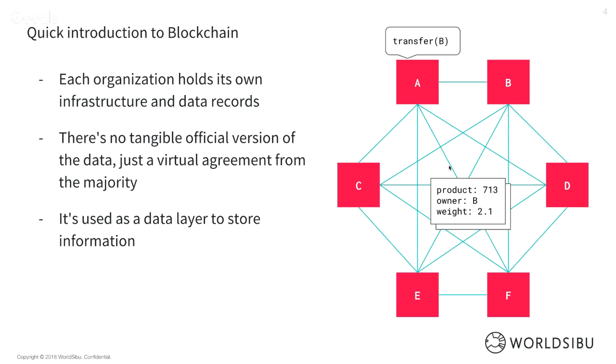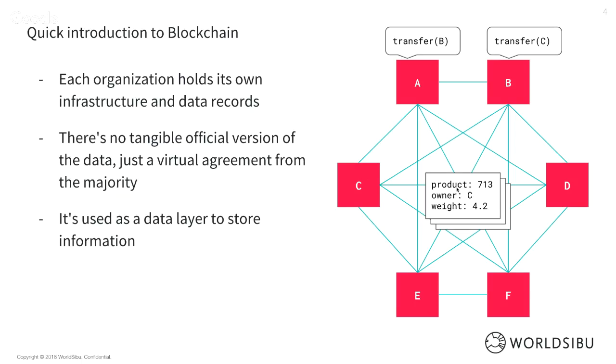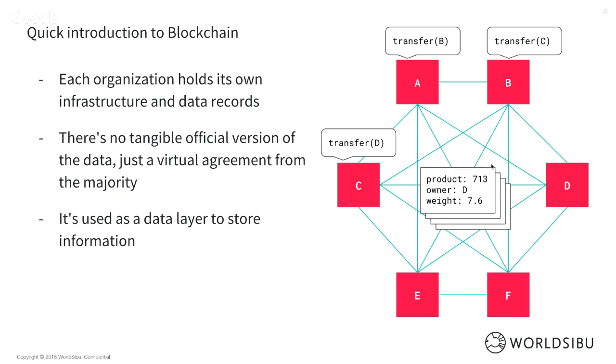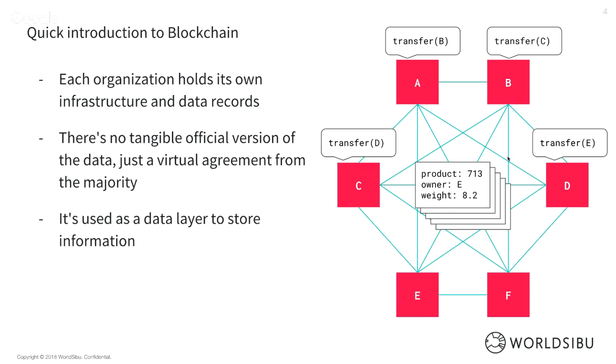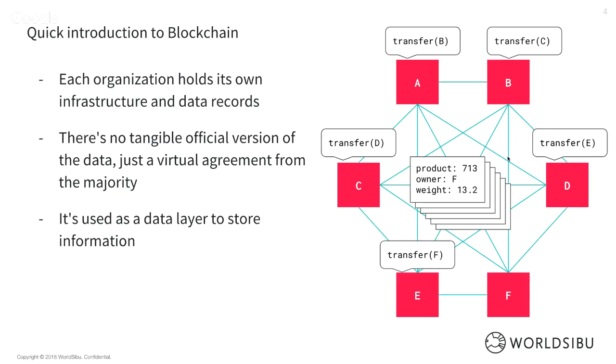So this is mostly what blockchain does. Whenever someone transfers, it generates a new set of data, and it's going to be stacked on the data, just like this. You can think of these squares like the blocks in the blockchain, stacked one upon each other. So the data is actually not modified directly.